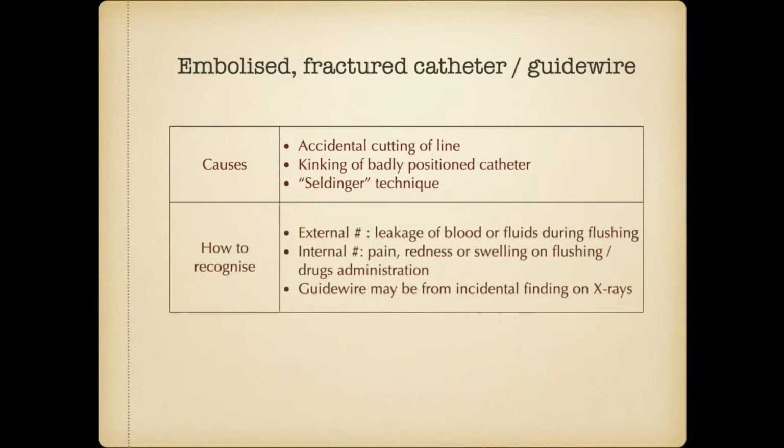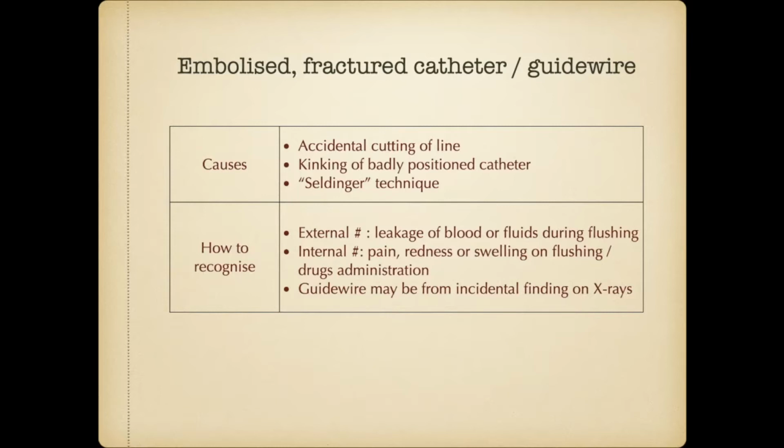How to recognize it? If there is a misplacement or a fractured catheter and or guide wire, externally there is leakage of blood or fluids during flushing, and internally the patient may complain of pain. There is redness or swelling on flushing or during drug administration.